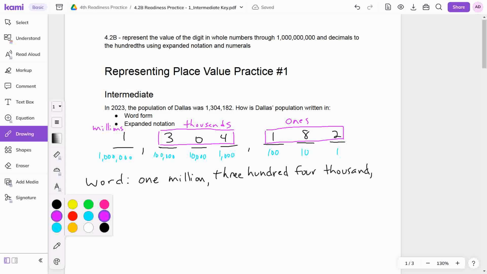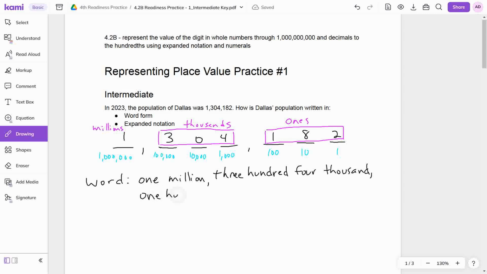And it's the last one. You don't have to say the family name. You don't say 182 ones. You just say 182. And most of the time, you're going to see a hyphen when you're using this 2-digit like that, like an 82 or 36 or something like that. So that is our number in word form.